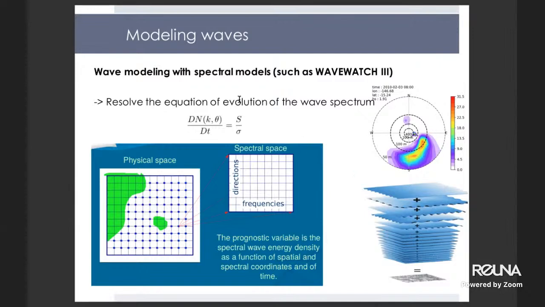We have to solve the equation of evolution of the spectrum at each physical point of the model, which are represented there. At each point, we have to solve the advection of the spectrum, for example. So the variable will depend on x, y, but also on the spectrum dimensions, that is the frequency and direction.